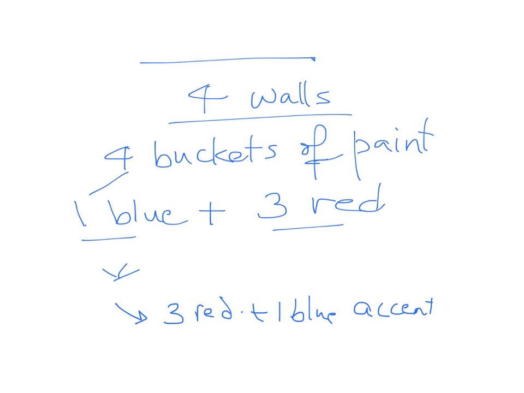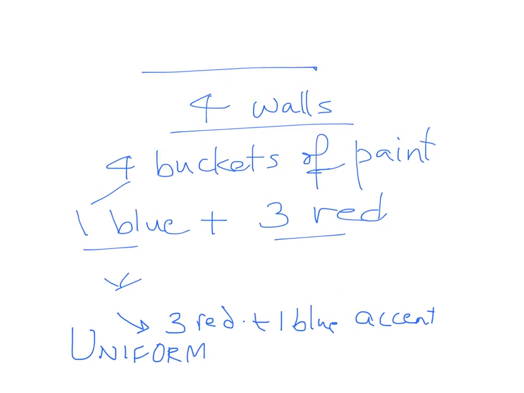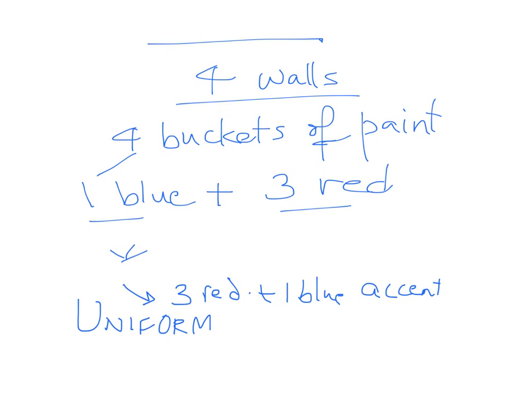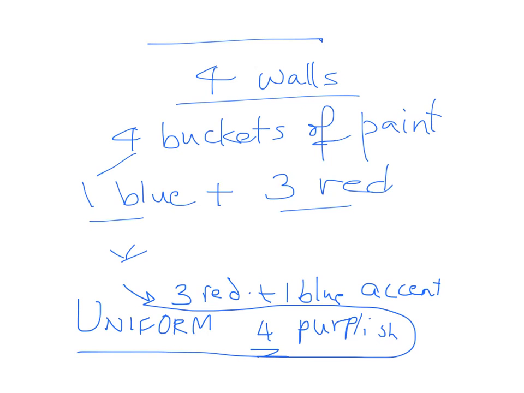Or, if you believe in things being uniform, what would you do? You would pitch in the paint, so you would get 4 buckets of purple-ish color, and you're going to paint all 4 walls in 1 uniform purple color. And that is the concept of hybridization.